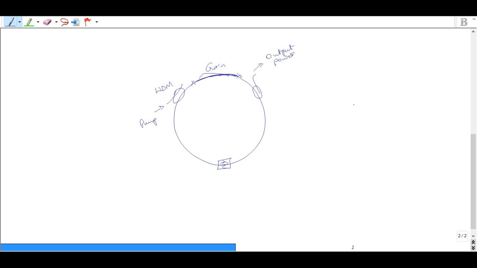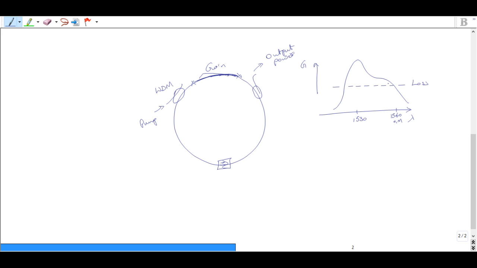But having said that, if you look at, for example, the gain for the erbium doped amplifier, the gain spectrum may look like this. The peak is at 1530 and so on, and it comes down around 1560 nanometers wavelength. And we say, okay, the loss is happening over here.